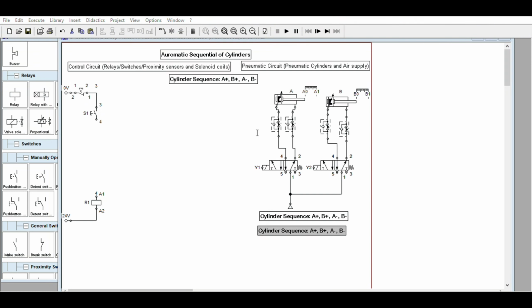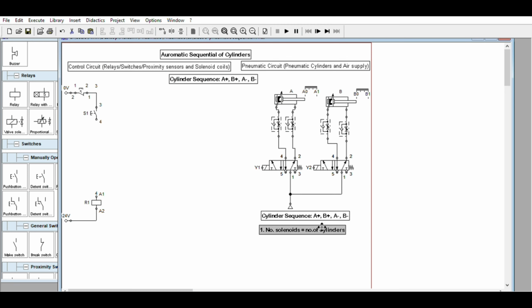So the number of solenoids equals the number of cylinders, or the number of cylinders equals the number of solenoids.